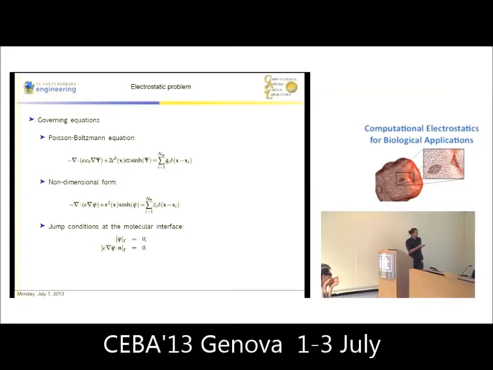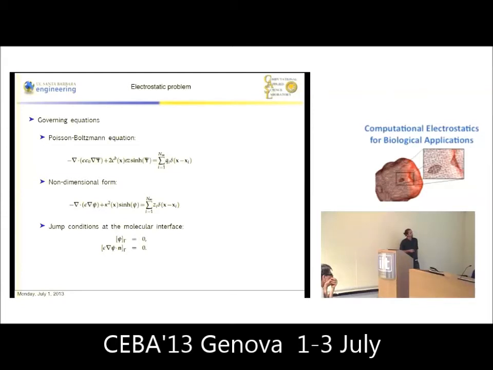I'm not going to spend too much time on the Poisson-Boltzmann equation, because I'm pretty sure we all know it by now. The only thing that is specific here is that first we take the nonlinear Poisson-Boltzmann equation. And I use this notation, kappa squared of x, because we have the molecule with the inside of the molecule and the outside, and this term, which is due to the salt concentration, is only present outside of the molecule.